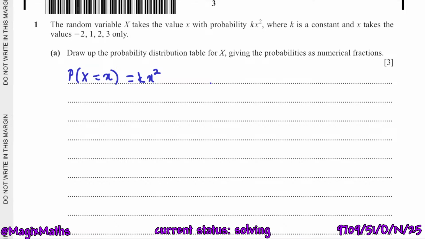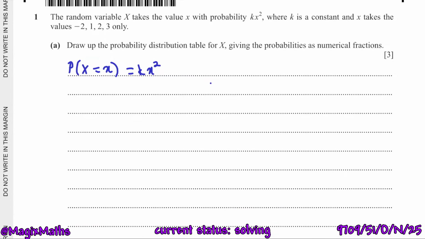So draw up the probability distribution, which is a table. But firstly, let's find all these values starting from x equals -2.